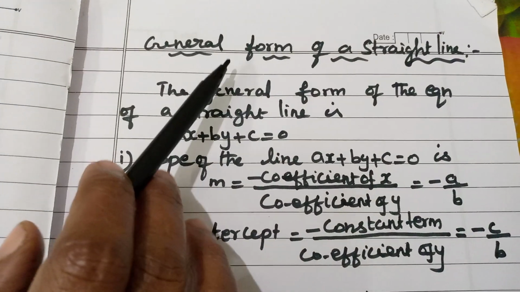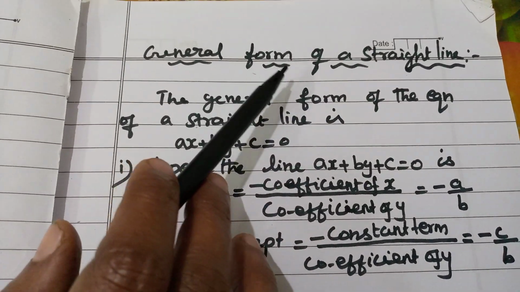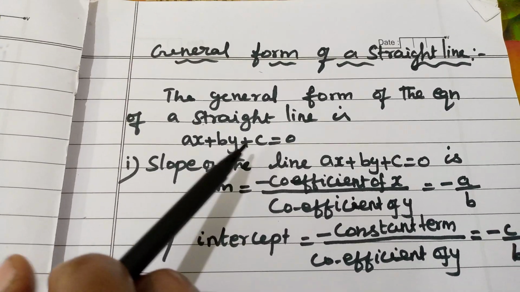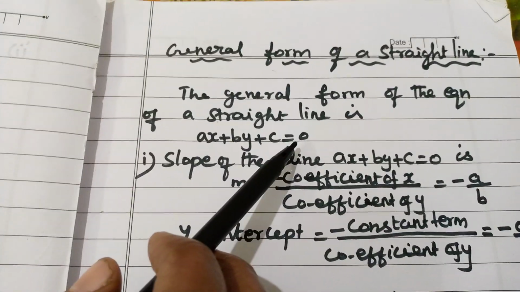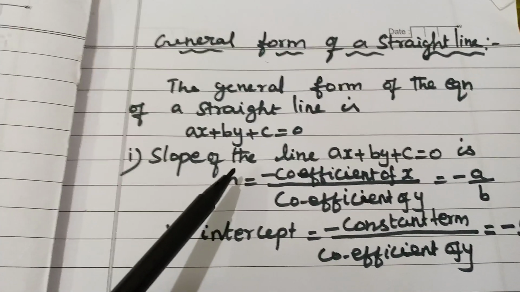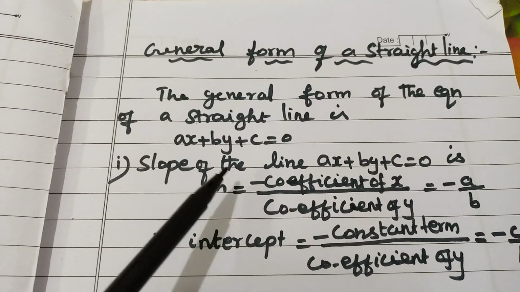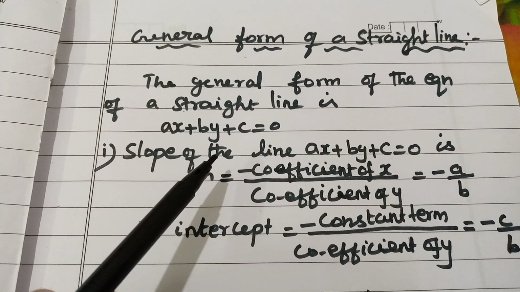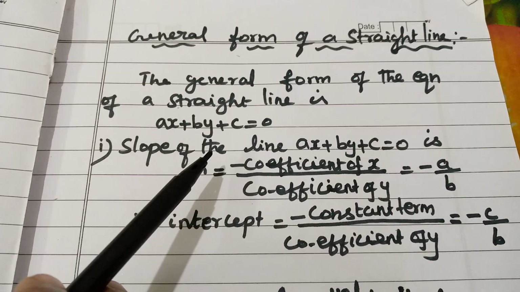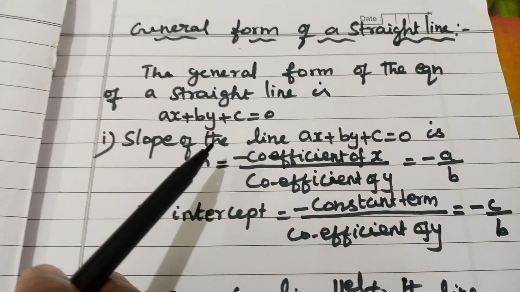Next we have some formulas for the general form of a straight line. What is the general form of the straight line now? Ax plus by plus c equal to 0. Already we learned two slope formulas. When there are 2 points, the slope formula is y2 minus y1 by x2 minus x1. When there is an angle of inclination, the slope m is equal to tan theta.